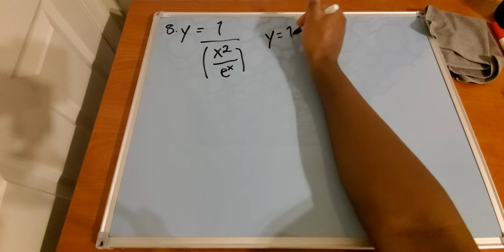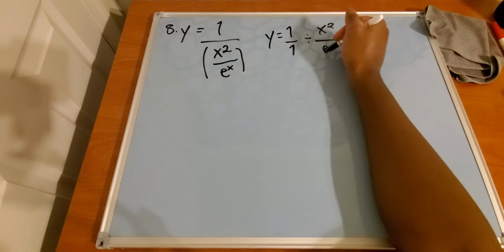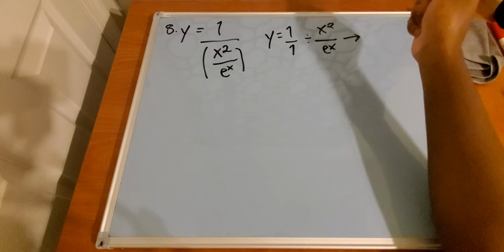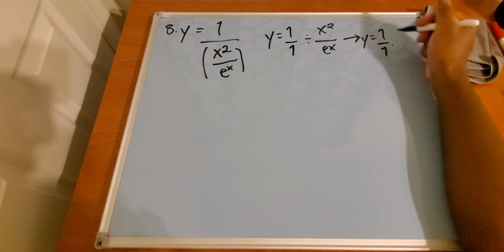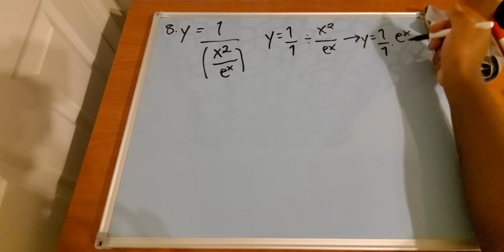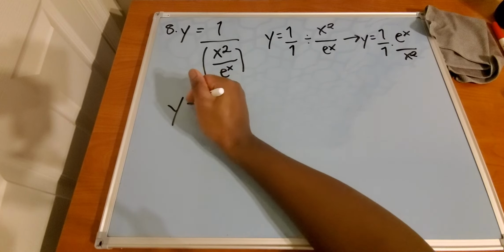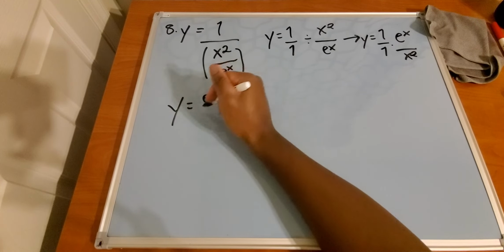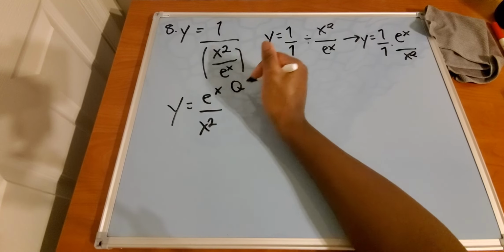Y is equal to 1 over 1 divided by x squared over e to the x. Basic algebra tells us that y is equal to 1 over 1 times the reciprocal of this, which is e to the x over x squared, which means that y is equal to e to the x over x squared. So it looks like reciprocal, but it's actually a quotient rule.